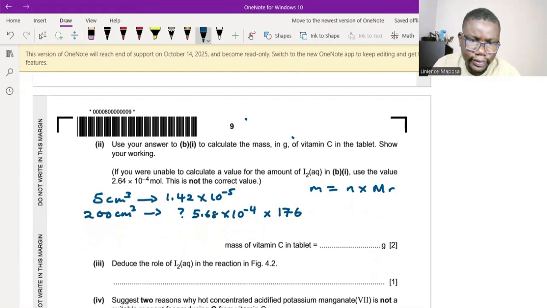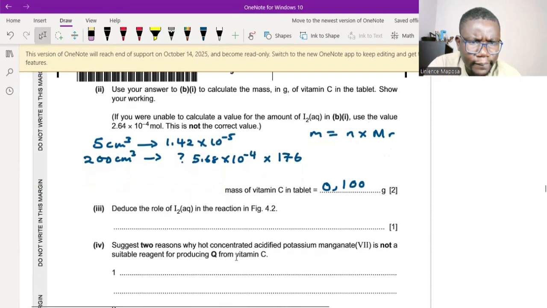Let's give 3 significant figures. That will be 0.1000. I'm going to write 0.100, which is 3 significant figures. I'll leave my answer like that. And did I multiply by 40?